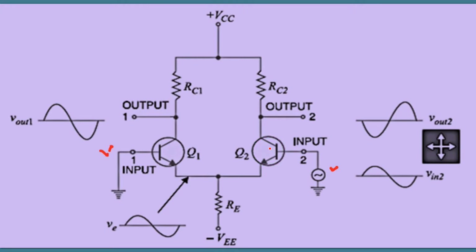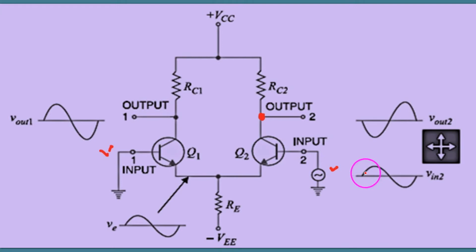If the output is taken at this end, then it acts as common emitter configuration because the input is applied to the base. And if the output is taken at the emitter terminal, then it becomes the emitter follower, it acts as a common collector configuration.